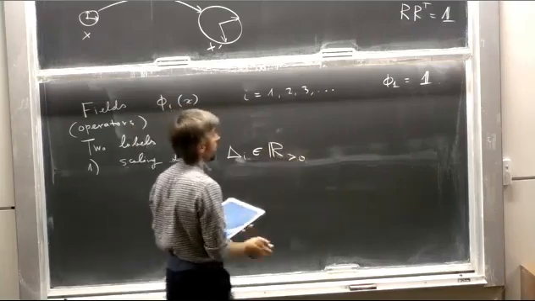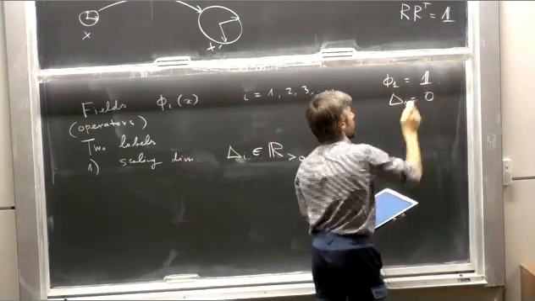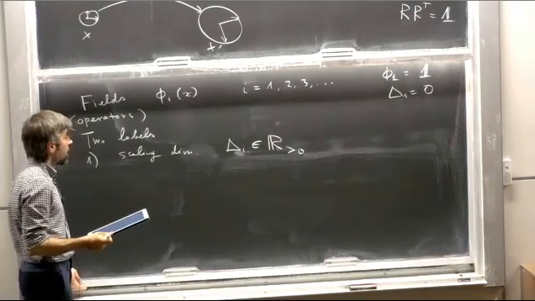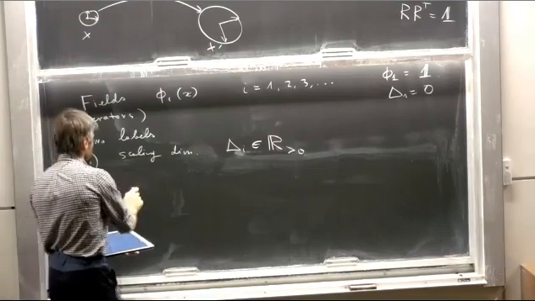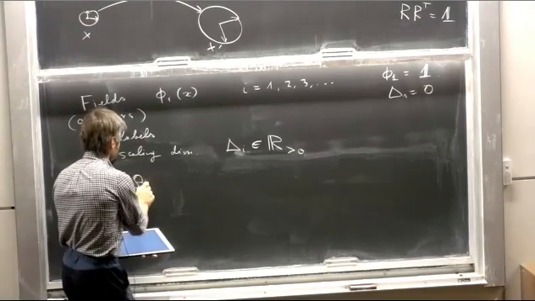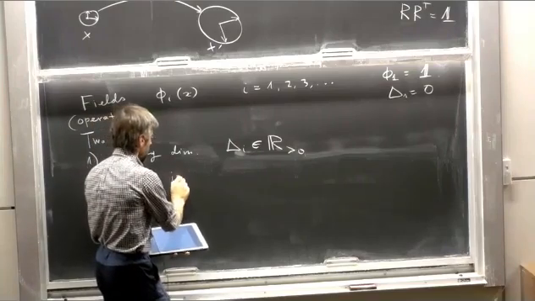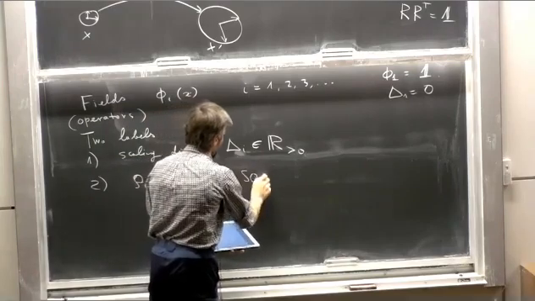So for the identity, the dimension is 0, and for all other fields, the dimension is positive. And there's going to be a second label, which is rho_i, which is an irreducible representation of SO(D).